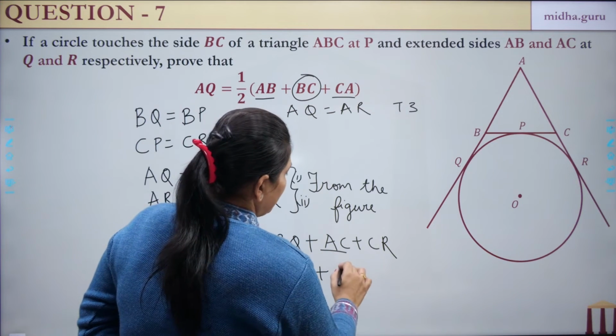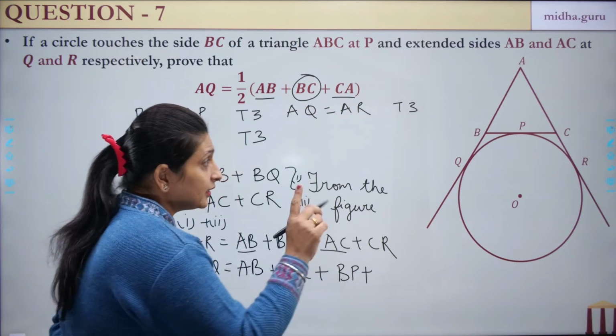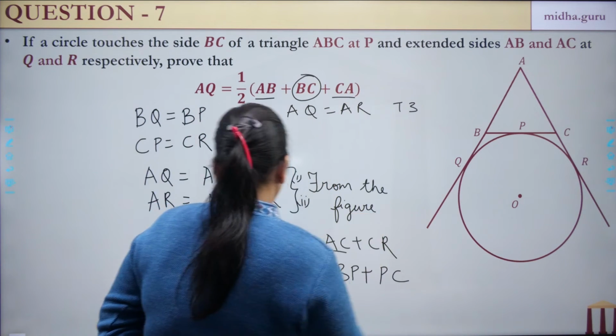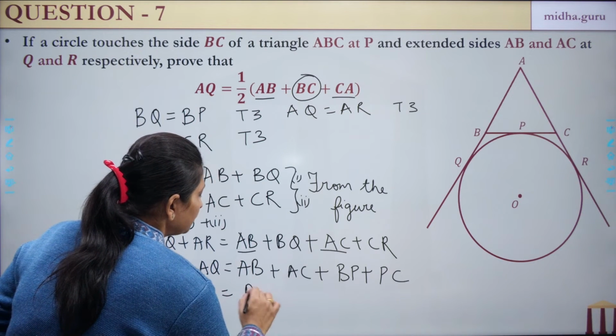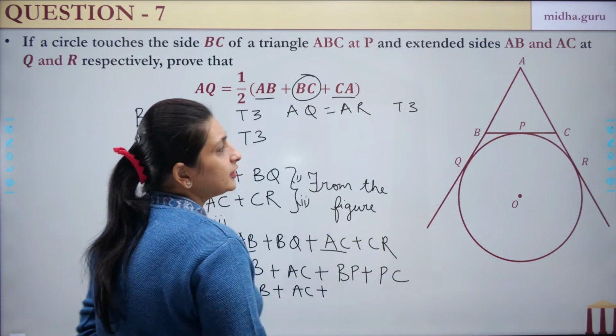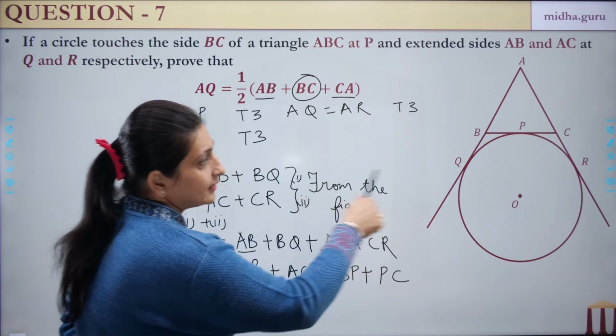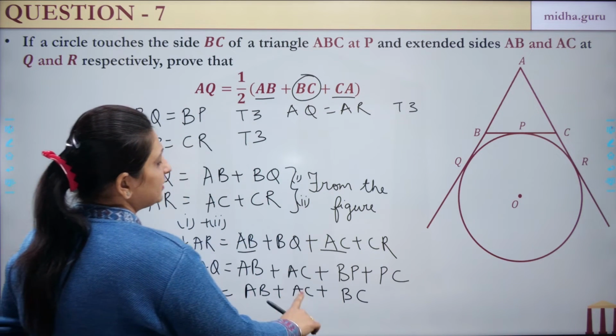BQ is BP, both are equal. In place of CR, we can write PC or CP. Now we get 2AQ is equal to AB plus AC plus BP plus PC. Just tell me from the figure what is BP plus PC. Yes, it is BC. So we have got 2AQ is AB plus AC plus BC.